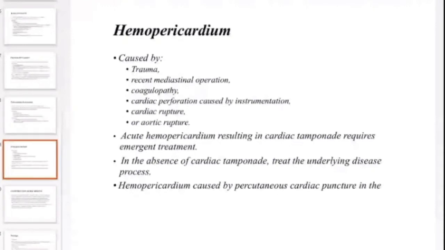In hemopericardium, what are the causes? It means a collection of blood inside the pericardial space. Maybe due to trauma, either penetrating or blunt trauma. Maybe due to a recent mediastinal operation, when we work on the thymus or cardiac surgery, and there may be a complication of that, it will be a collection.